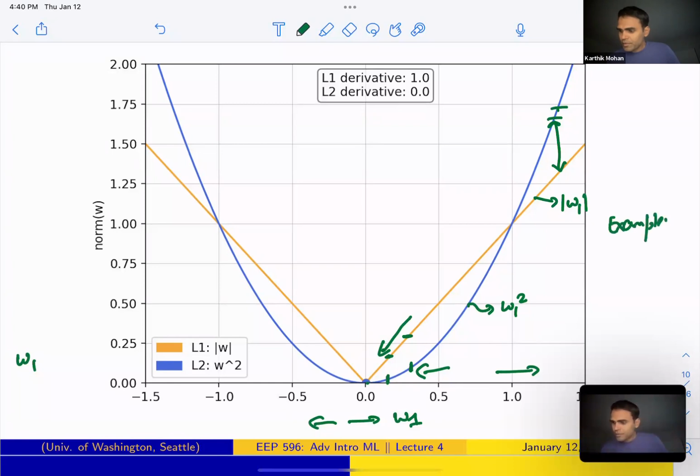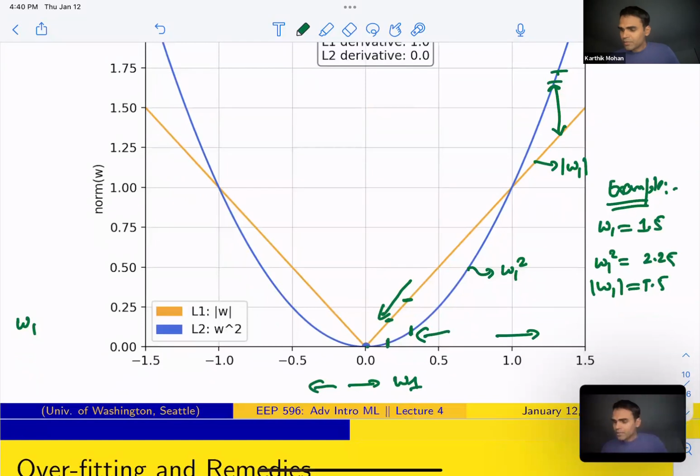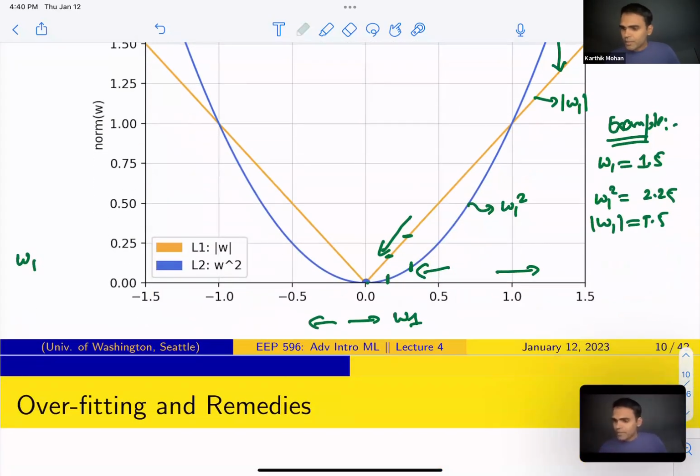let's say W1 is 1.5, then W1 square is 2.25, and the absolute value of W1 is 1.5. So here, L2 has a higher penalty than L1, so L2 is going to keep pushing it down. But if you look at another example, let's say W1 is 0.1, then W1 square is 0.01, but the absolute value of W1 is 0.1.